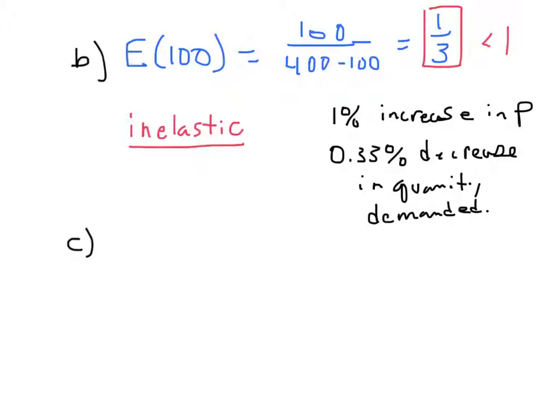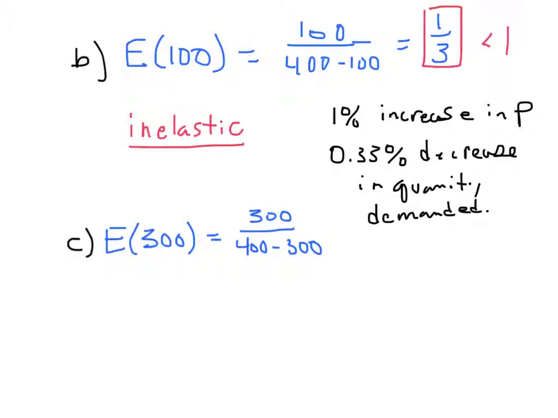Now let's calculate E of 300, the elasticity at a price of 300. Well, when you plug that in, you get 300 over 400 minus 300. Remember, these two equations are based on our calculations on the last slide. We had E of p equals p over 400 minus p.